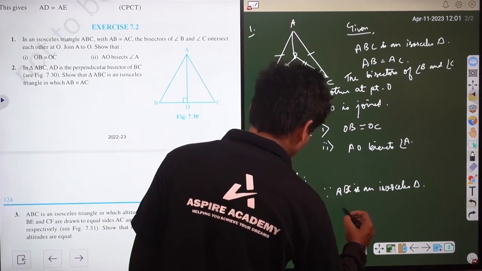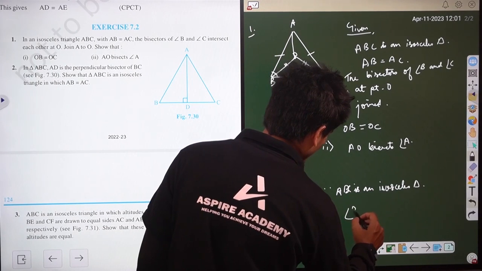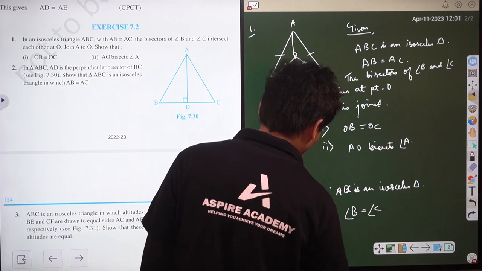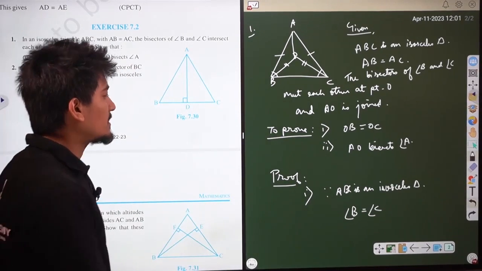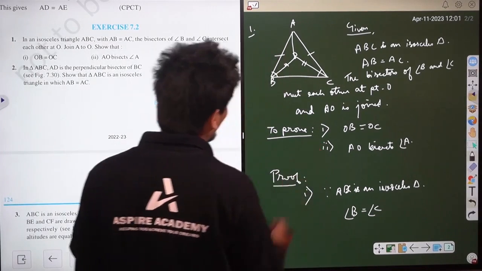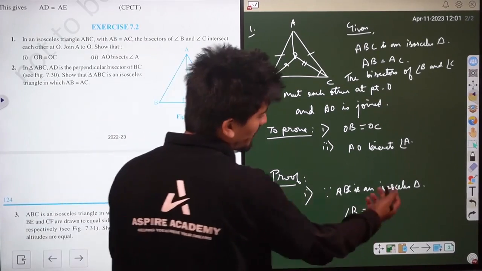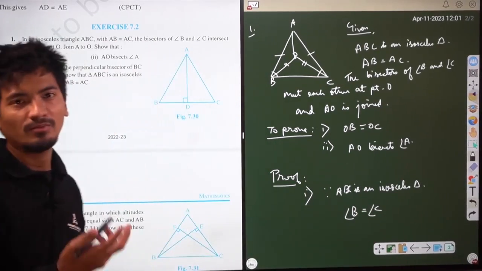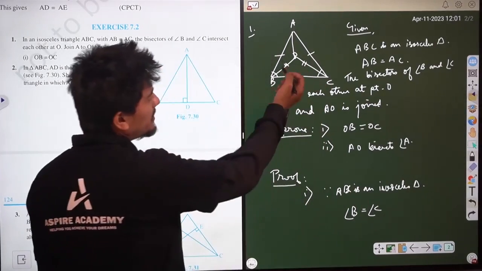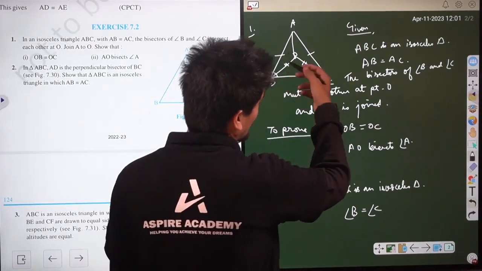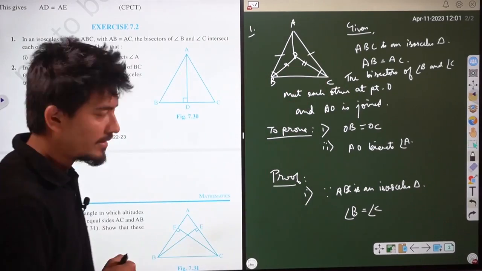So therefore angle B is equal to angle C, by theorem 7.2.